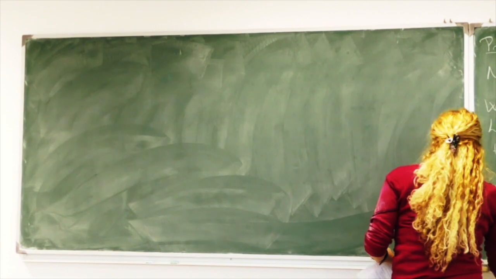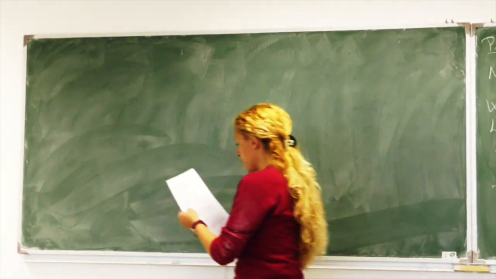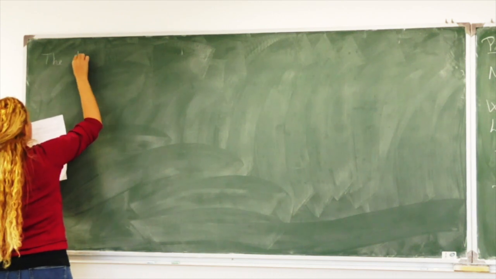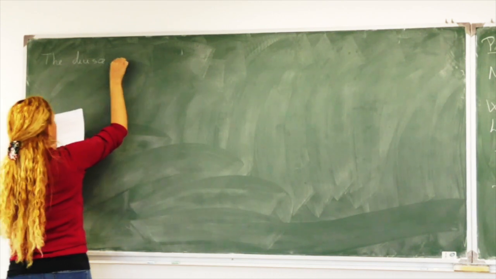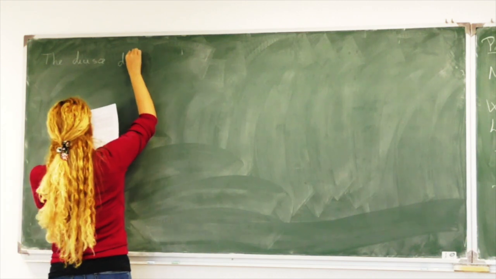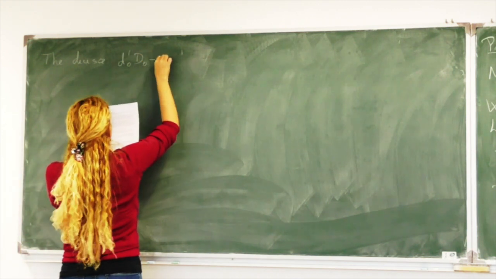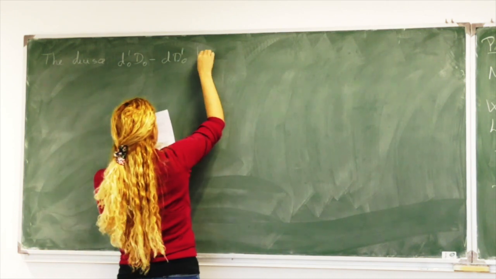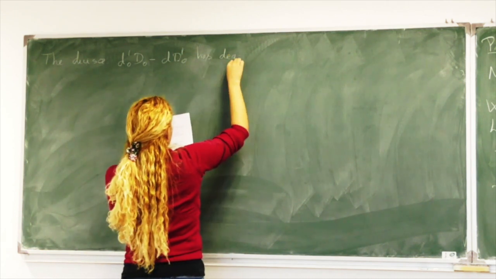Okay, so with those divisors that we have just defined, we have that the divisor d0 minus d0 prime has degree 0.